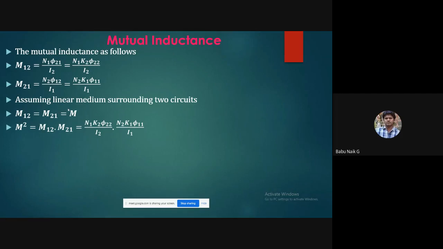So now you can calculate further. Take these two equations, M12 and M21, and multiply them. Once you multiply, putting these equations here, we get K1 and K2.